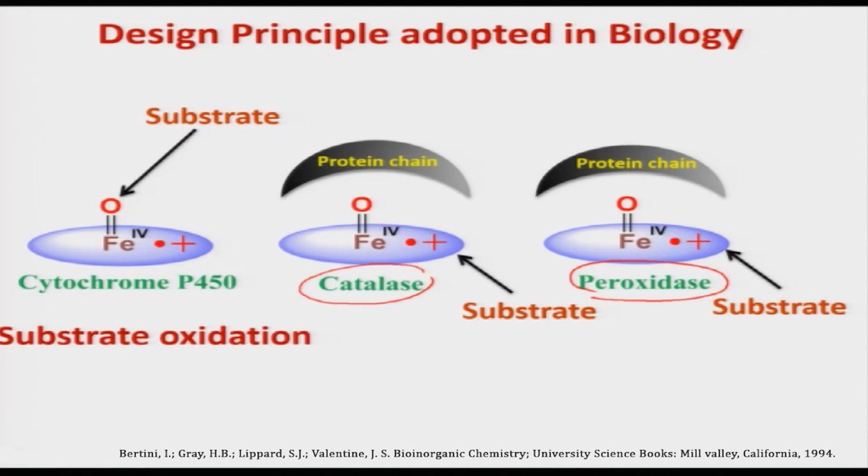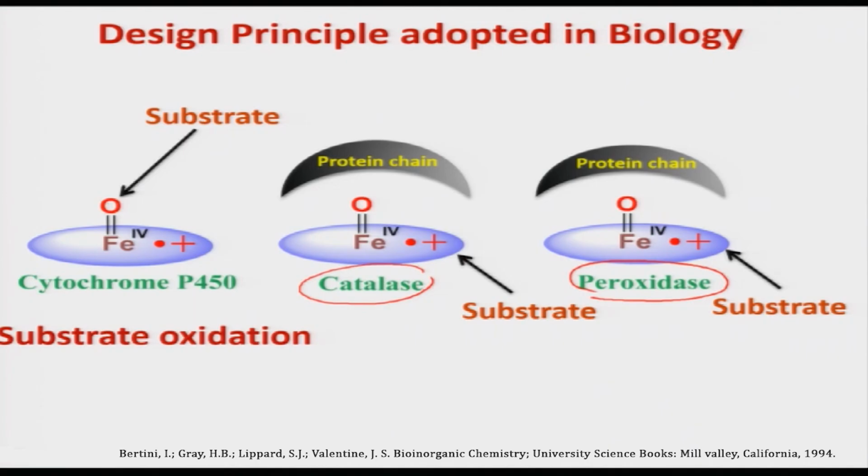This is due to the design principle. Although in all three enzymes the common active intermediate is iron 4 oxo cation radical, they are doing completely different reactions in the biological system.